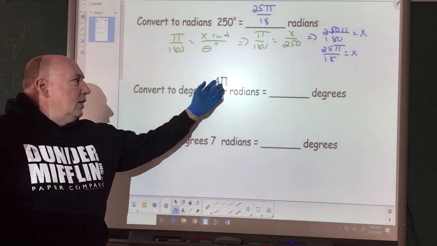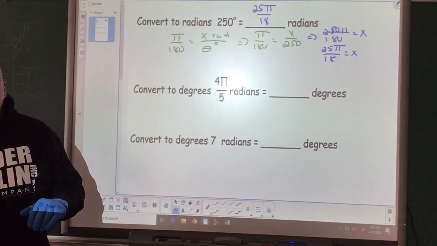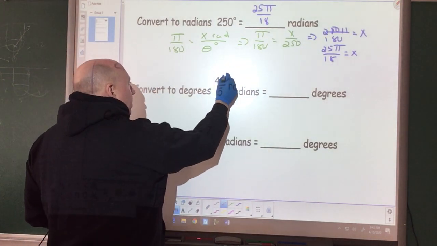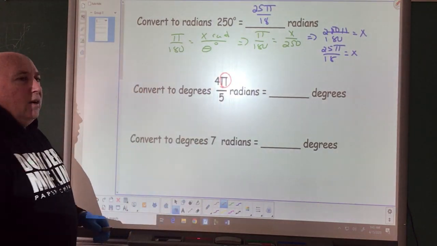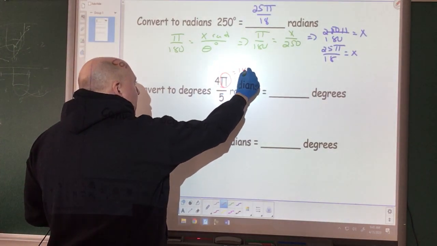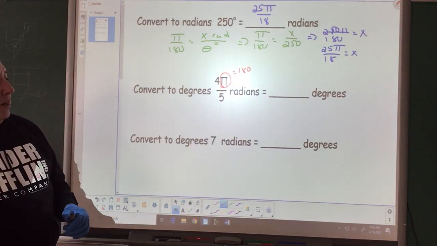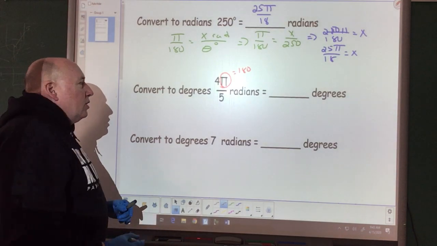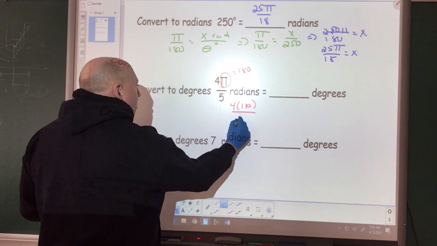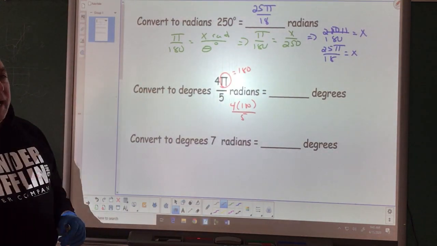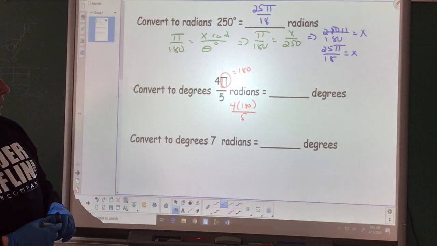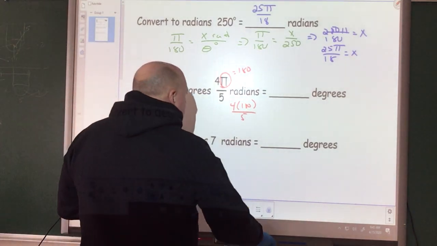When we're converting into degrees and we have the value of pi there, it's nice, because this pi is equal to 180 degrees. So we can do our substitution, where we have 4 times 180 and we want to divide that by pi.